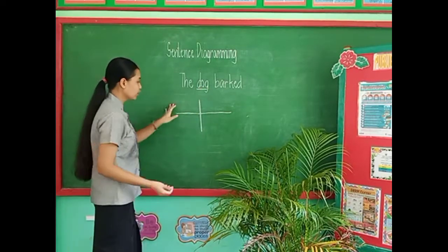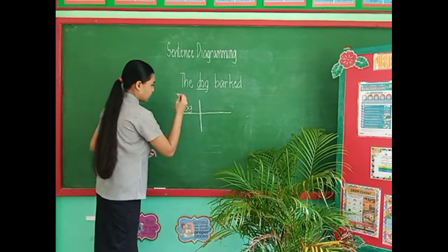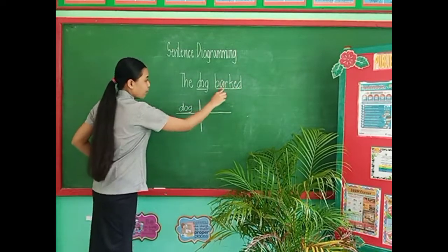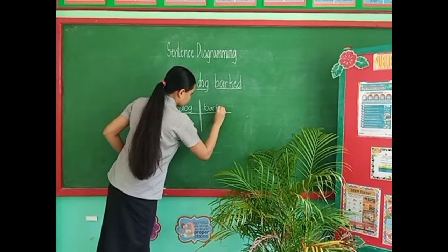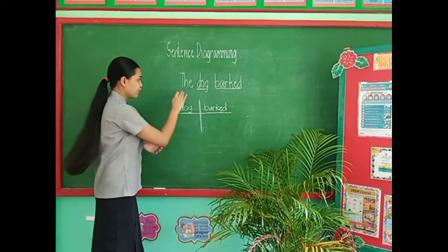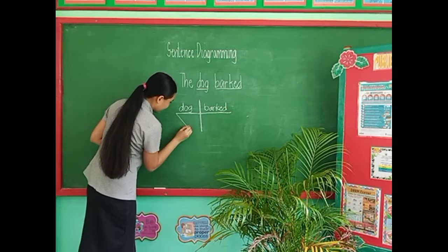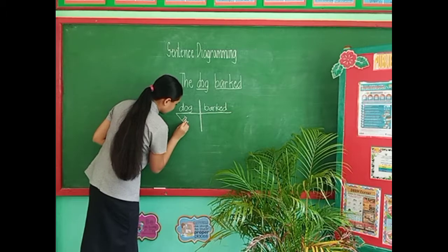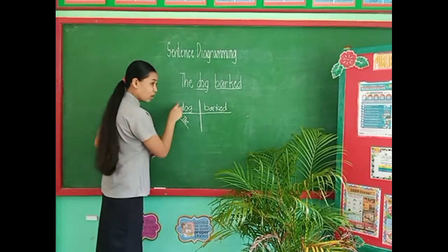So, dog will be placed here. And bark is the verb. So, bark will be placed here. But ma'am, how about the? Don't worry. The will be placed here because the is an article. So, in sentence diagramming, the dog barked.